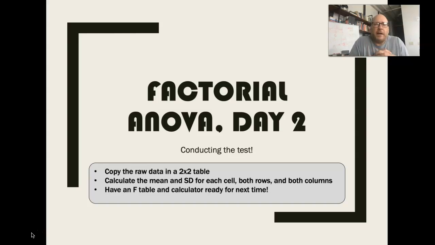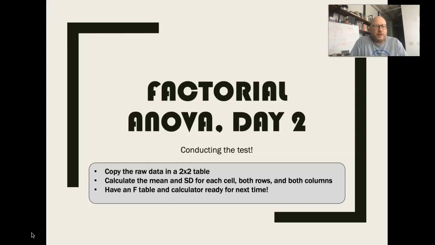At the end of last time, I asked that you copy that raw data down and make sure that you have the mean and standard deviation for each of the 4 cells, for both of the rows and both of the columns. Now, Factorial ANOVA takes a long time to calculate all the sums of squares, so I'm just going to be providing those to you.